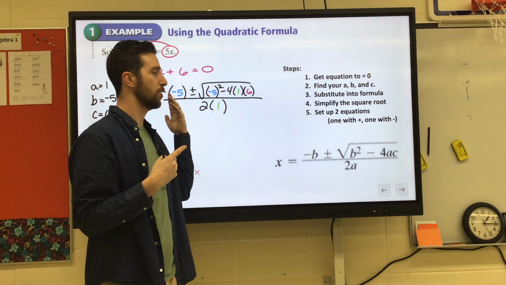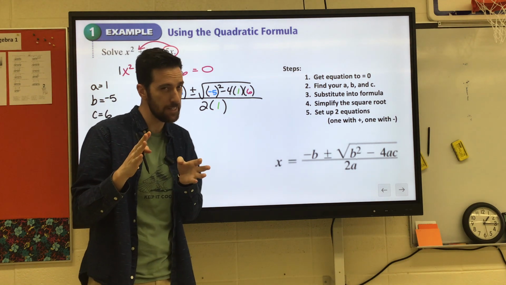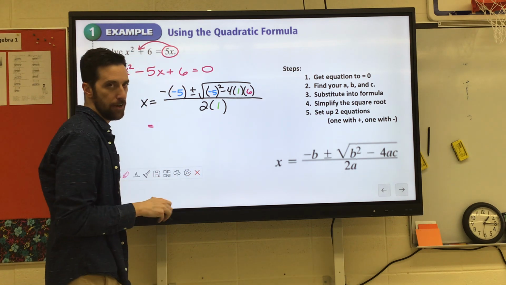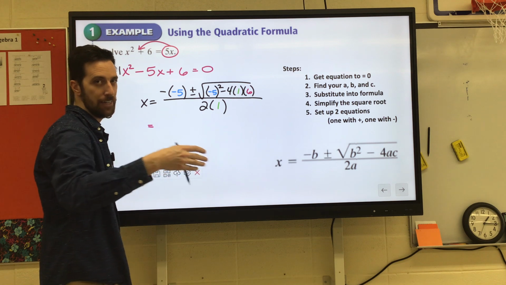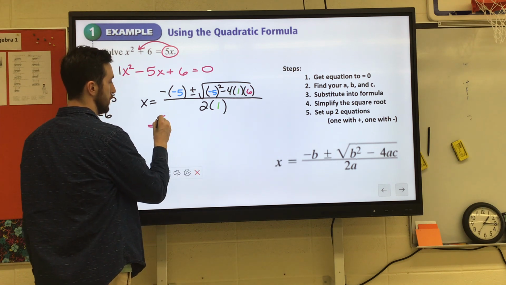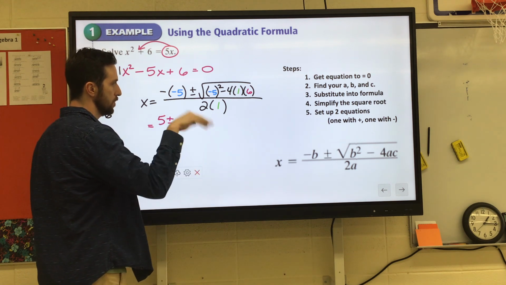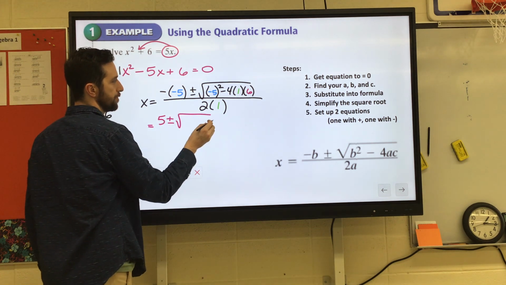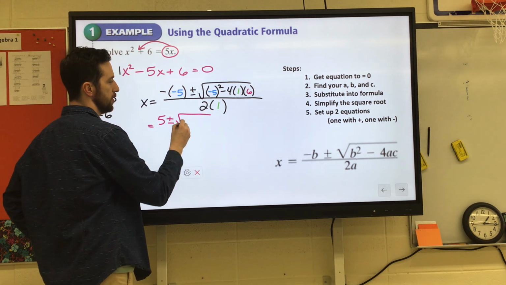Now we're just going to go across the numerator and do some pretty easy operations. So if you look here, it's negative negative 5, or opposite of negative 5. That's positive 5. We have this plus or minus. We'll deal with that later. Square root, negative 5 squared is 25.